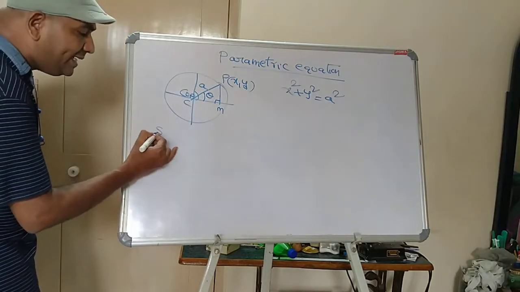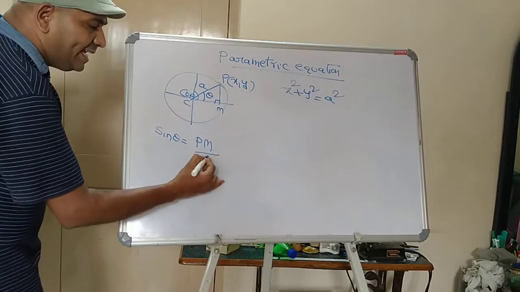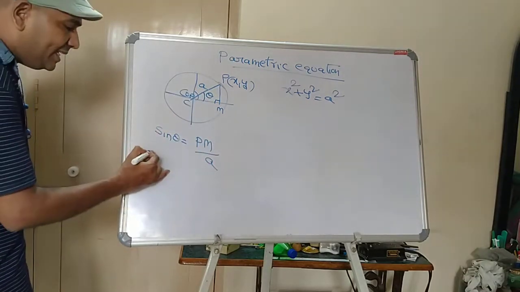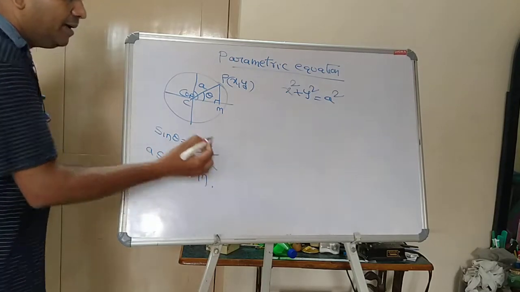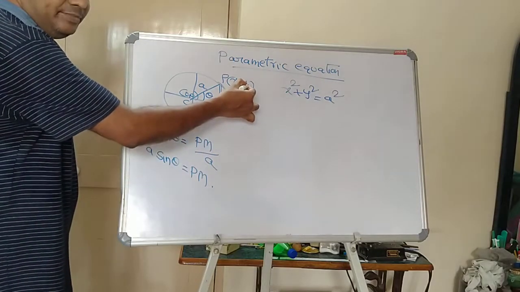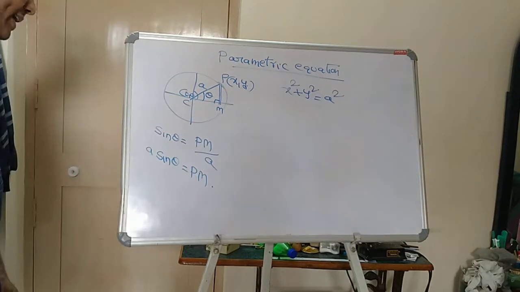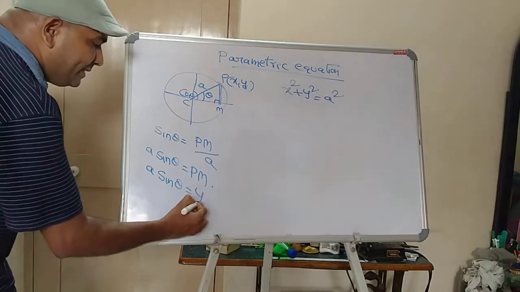Sin theta equals PM by a. That means a sin theta equals PM. But here PM equals y. So a sin theta equals y.